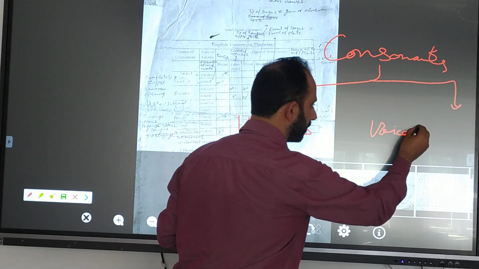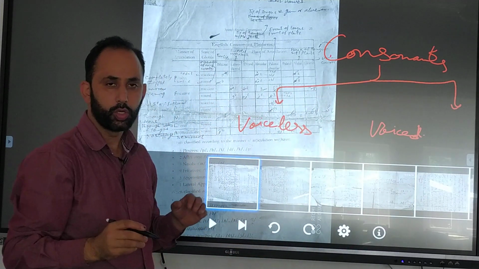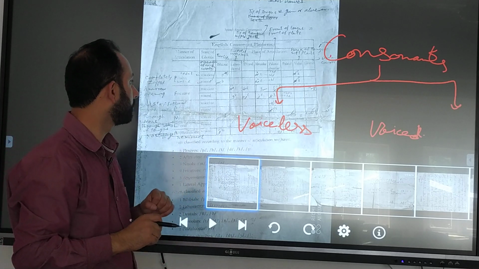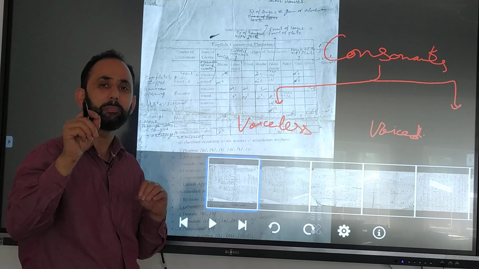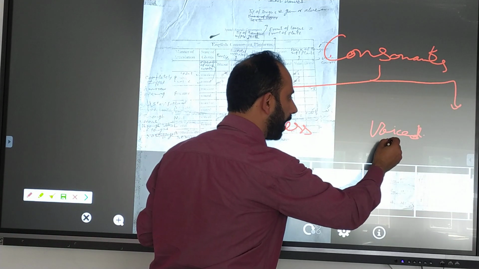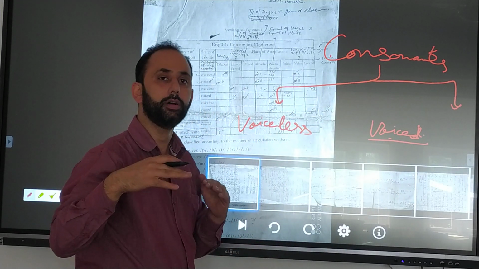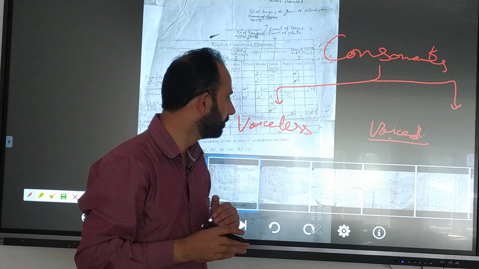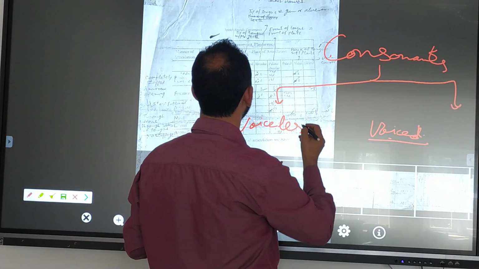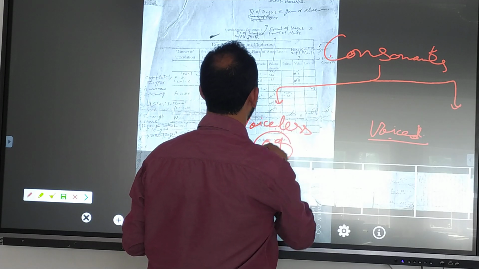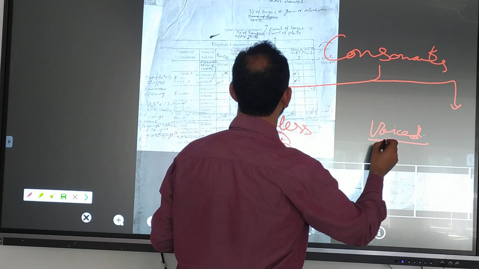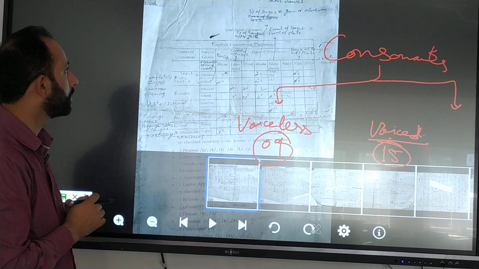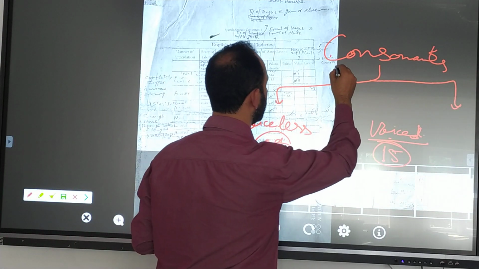In short, you have to remember that voiceless are those which have less duration of time, for example po, and voiced are those which have more duration of time, for example bo, po, bo, to, do, ko, go. These voiceless are 9 in number, and these voiced are 15 in number. These are the consonants.